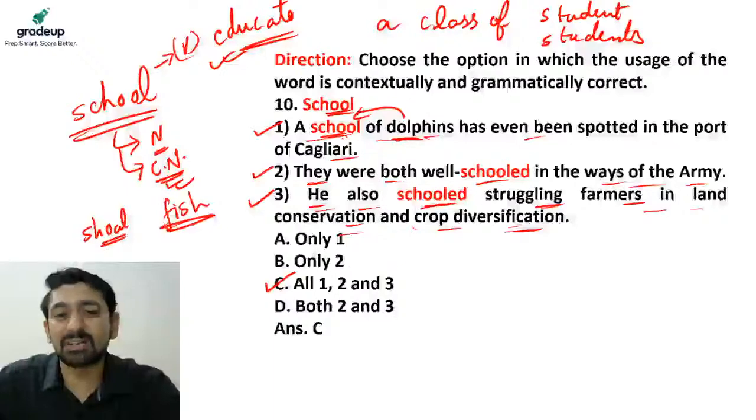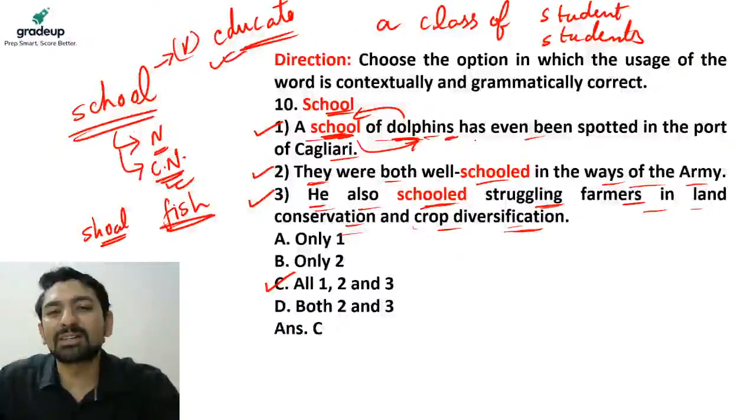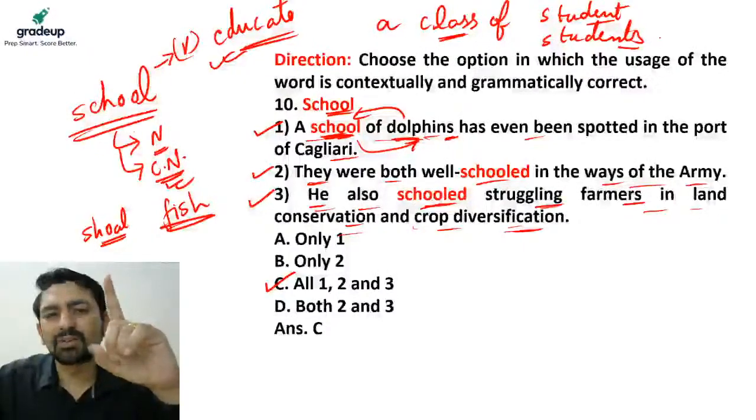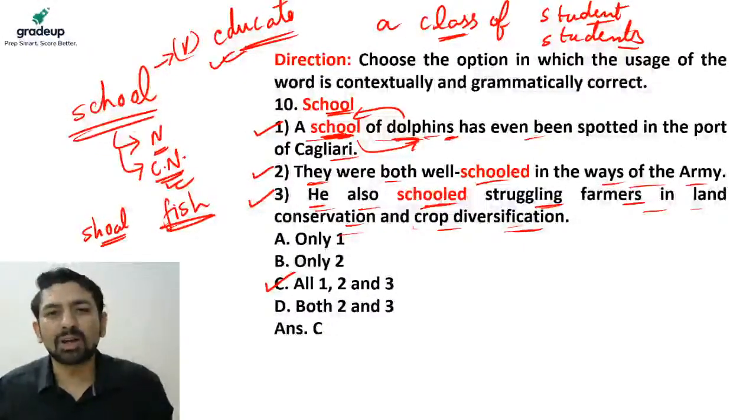The candidate is saying, sir, why write S in dolphins? Because dolphin itself means the entire class. You have to write S with dolphins because it has to be in the plural. So according to your logic, should I write a class of student or a class of students? If you say a class of student, it is just one student. So it cannot become a collective noun at all.